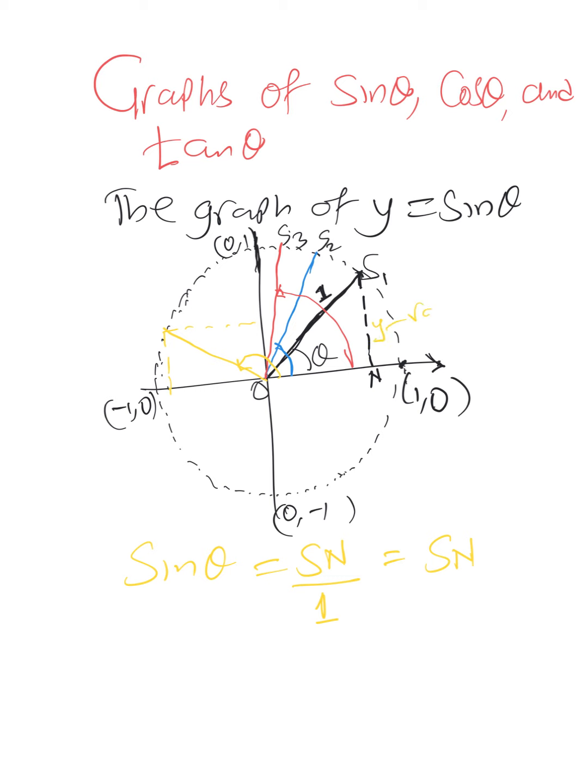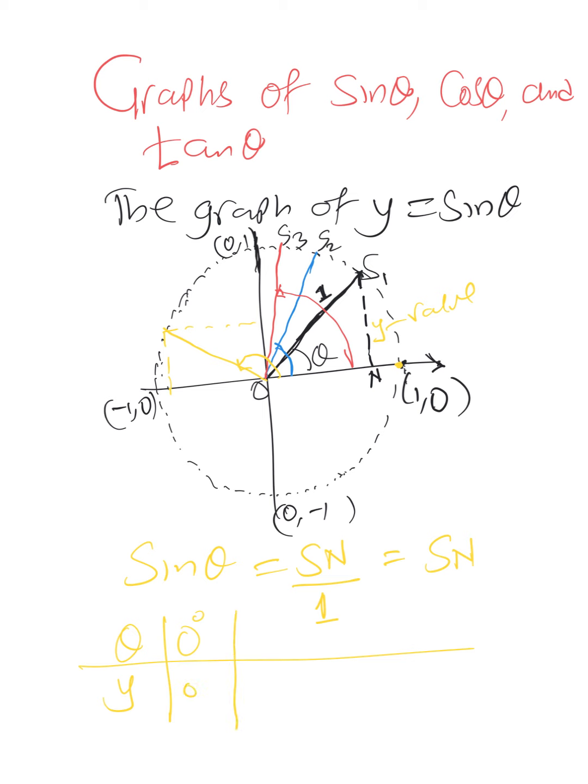So what do you see? As the angle increases from 0 to 90, we have theta and then the y value. If the angle is 0, you are just lying along the x-axis, and the y value is 0. So if this is 0, then this is going to be 0.